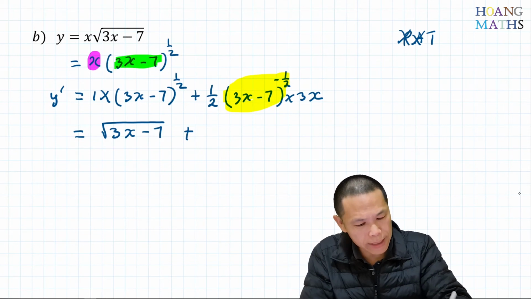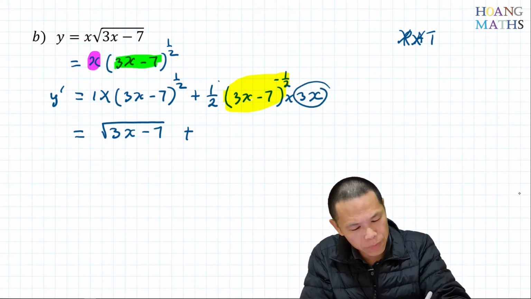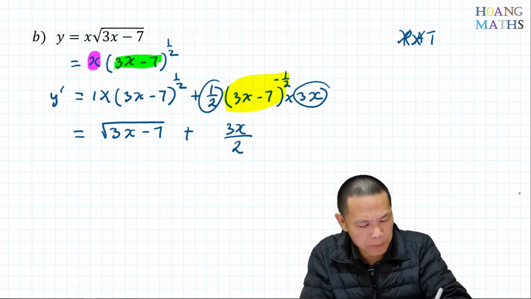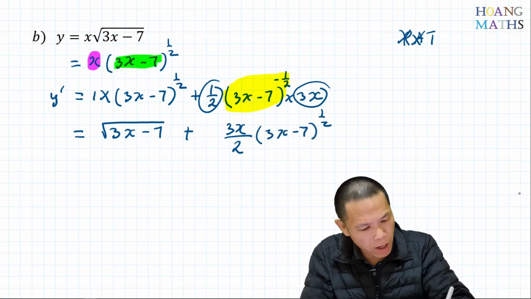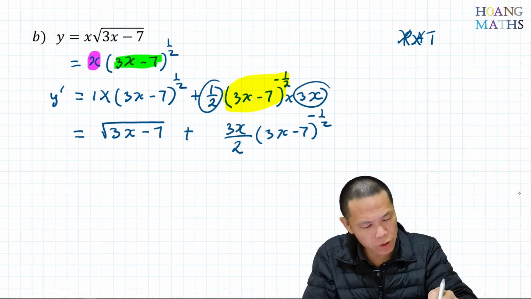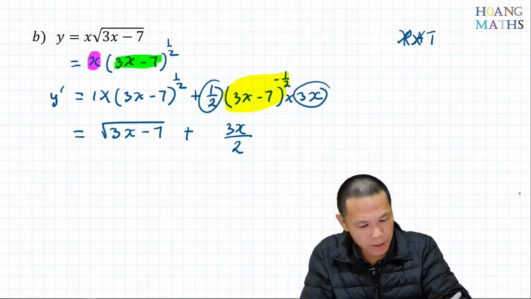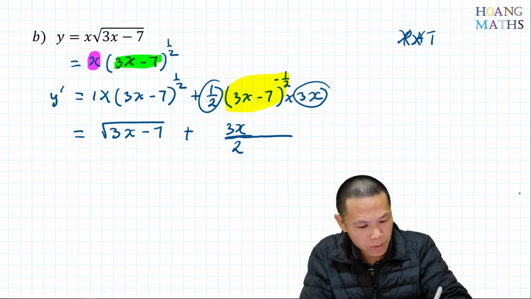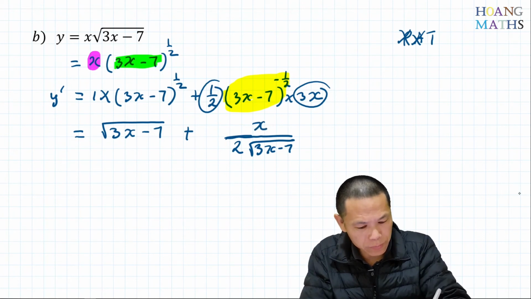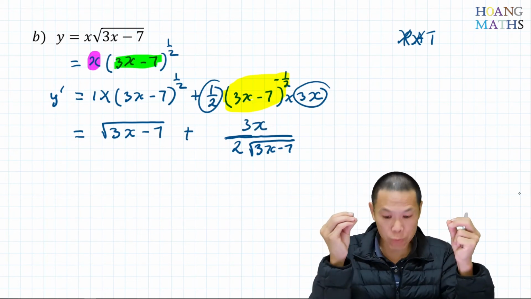So let me write this out first: this times this, so it becomes 3x over 2, times by 3x minus 7 to the power of negative a half. But then I need to bring it down to become positive, so that over square root of 3x minus 7. And this one, I just write in the middle. So that's it, and we need to simplify.